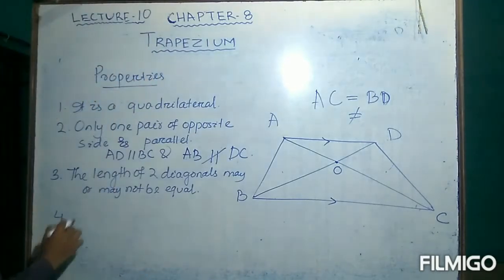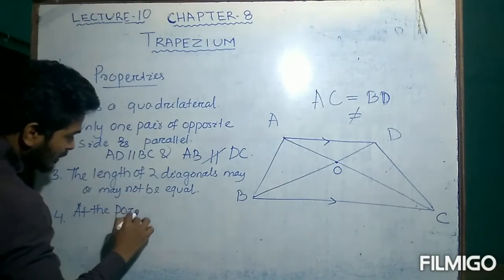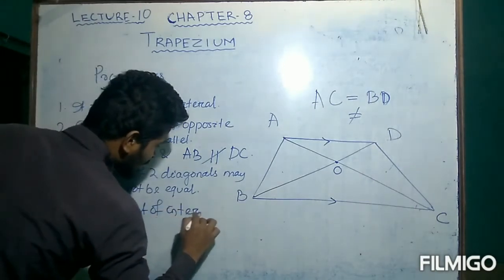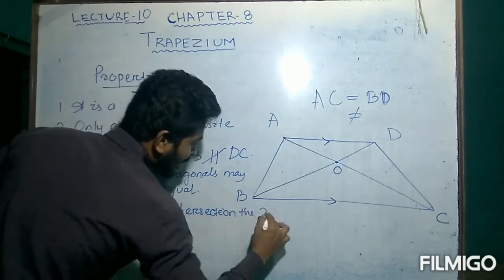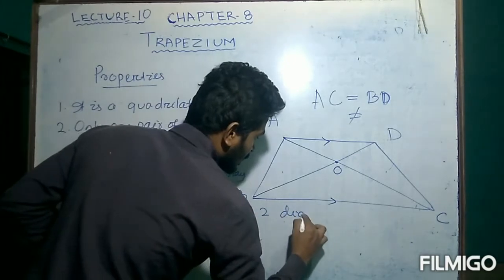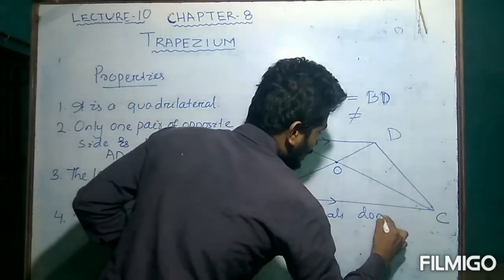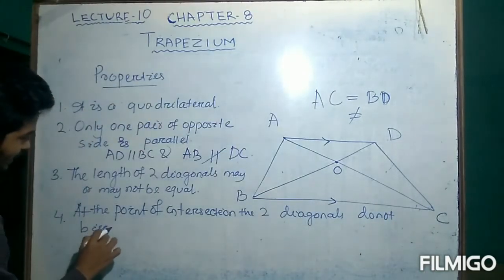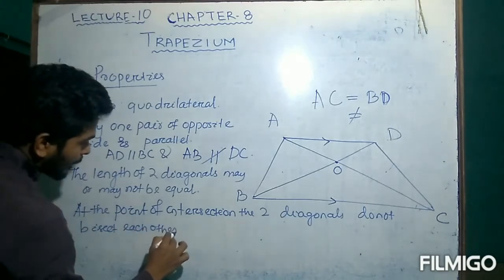So at the point of intersection, the two diagonals do not bisect each other. Understood?